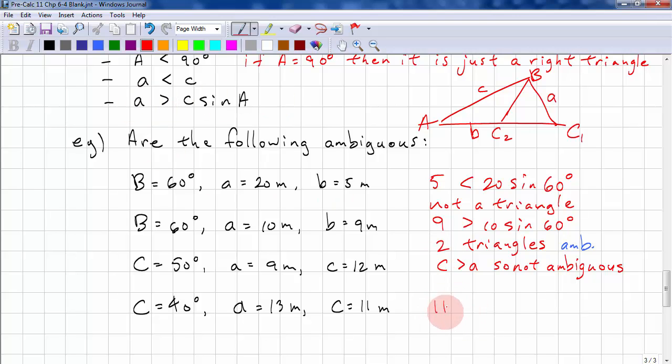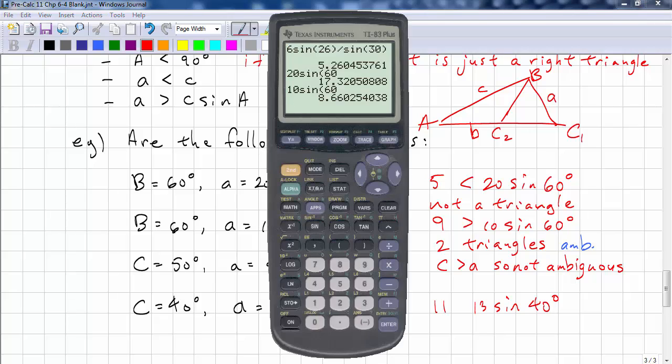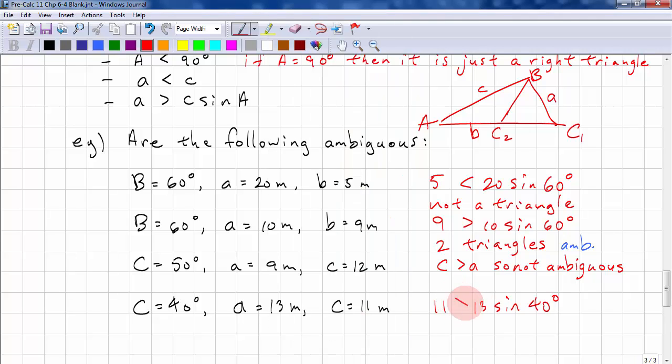We check 11 versus 13 sine 40. 13 sine 40. 11 is greater than 8. So again, we have two triangles and it's ambiguous. And that completes this lesson.